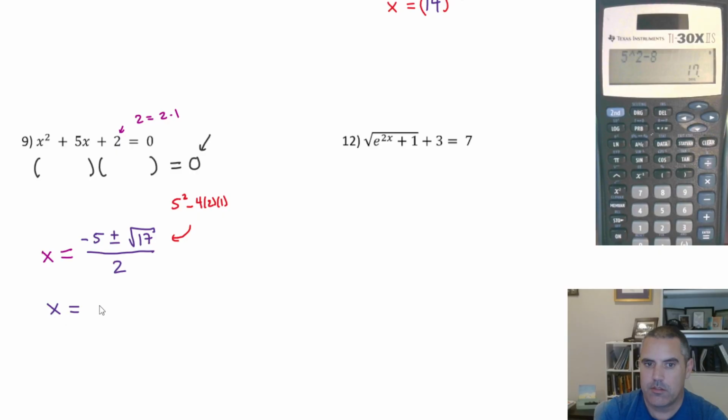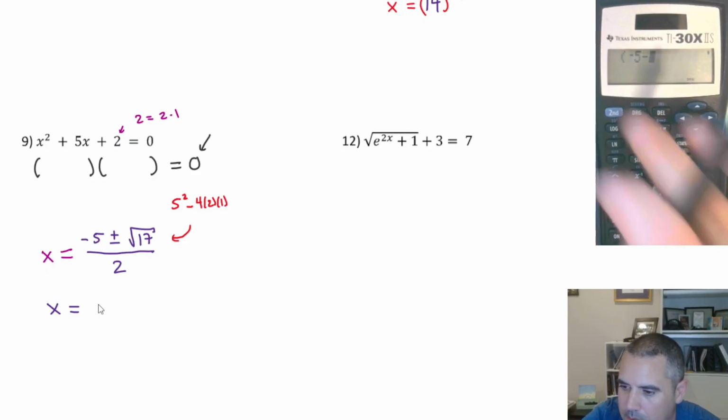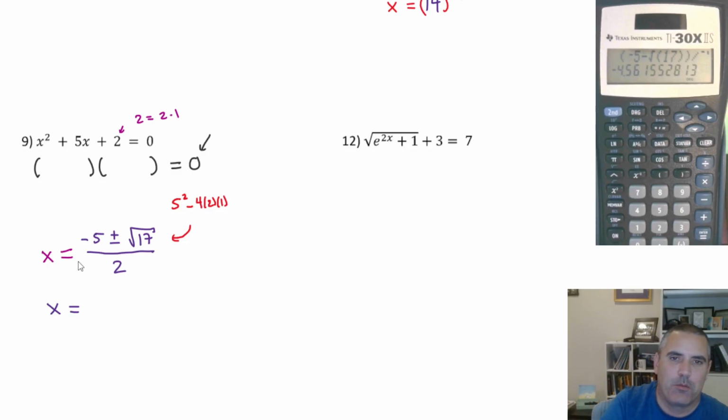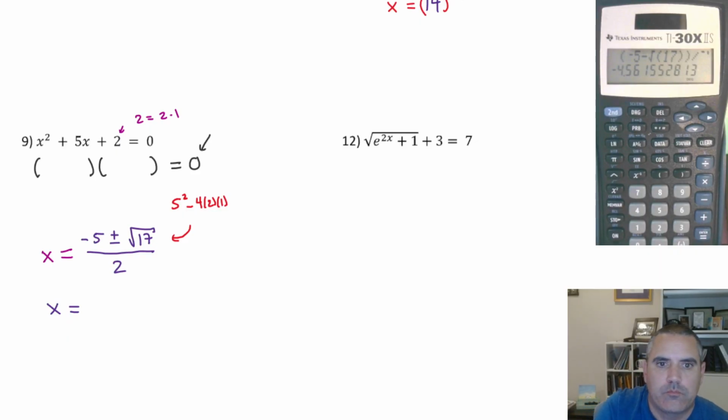So then there's 2 answers, the one with the minus and one with the plus. At this point, I probably would do it all in my calculator. Minus 5 minus the square root. And my own personal rule is try not to go beyond the display so you can see what you're doing. So that's about the limit of what I would do. So that's one of my answers. And then we have the other one.